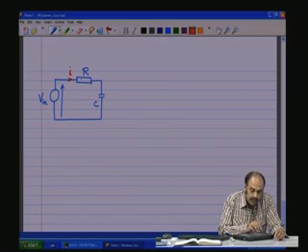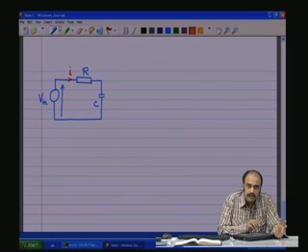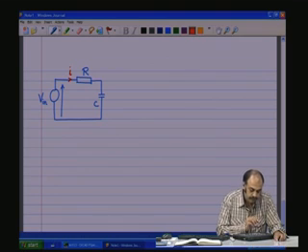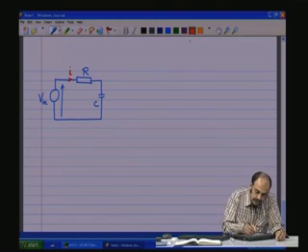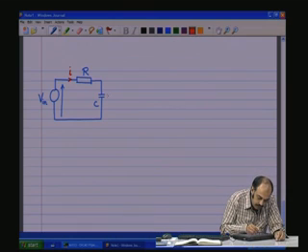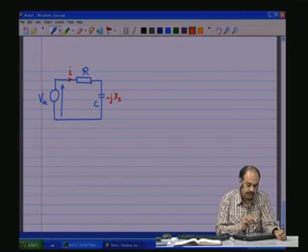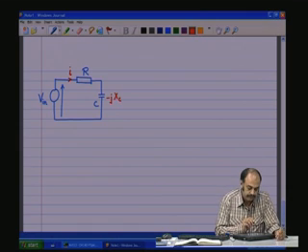So, by using an RC, it is going to be somewhere between 0 and 90 degrees lead, depending upon the values of R and C. This of course is going to give you a capacitive reactance, minus jXC.